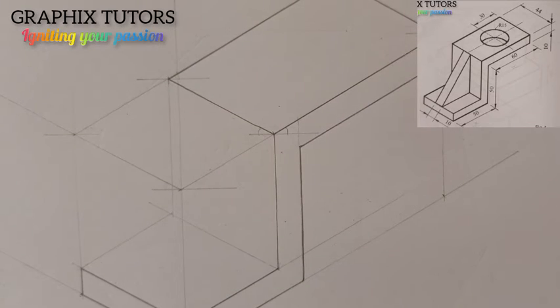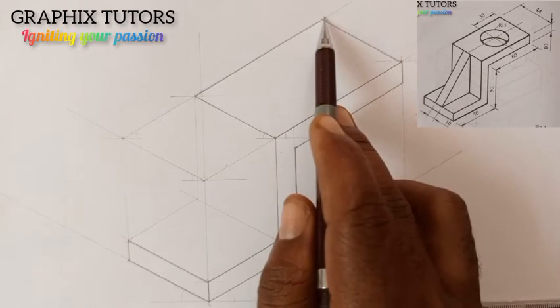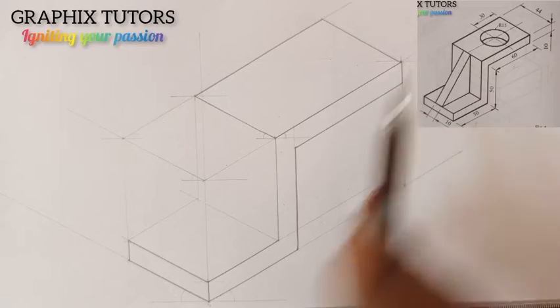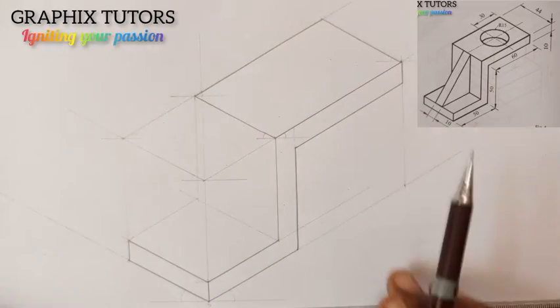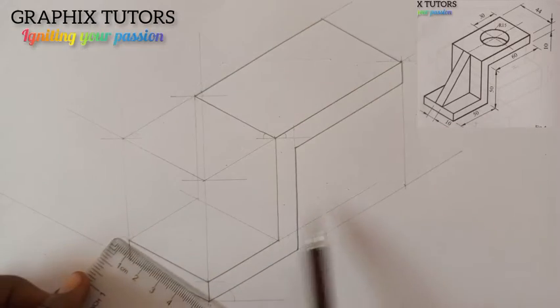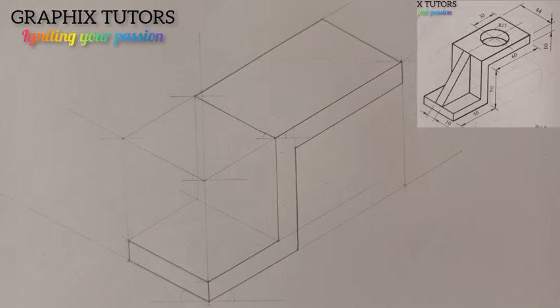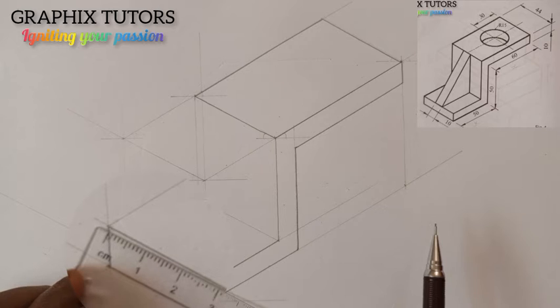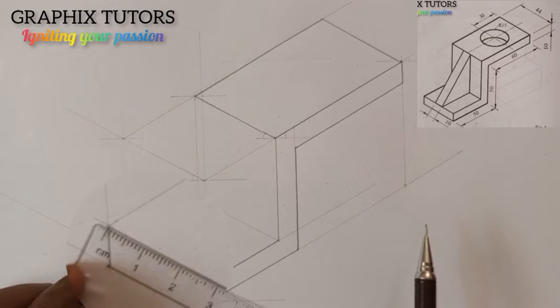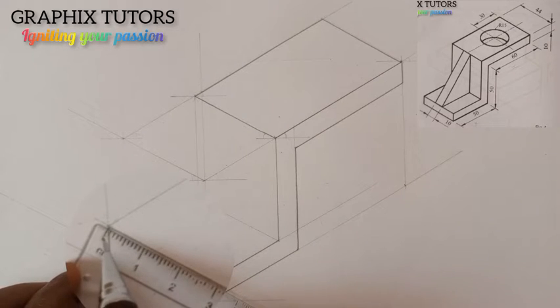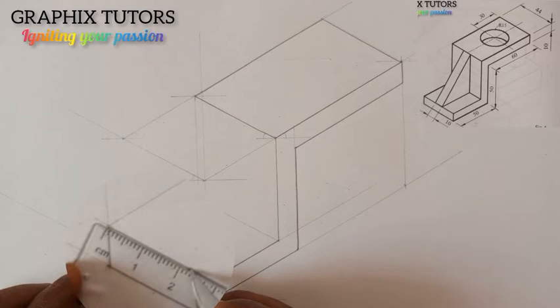Which is the same thing as saying from here to here. That again, and that is 44. So I'm going to measure half of 44, which is 22, with my rule. So I'll place it here and I'll measure 22. So from here, this is 0, 10, 20, this is 22 here, right?